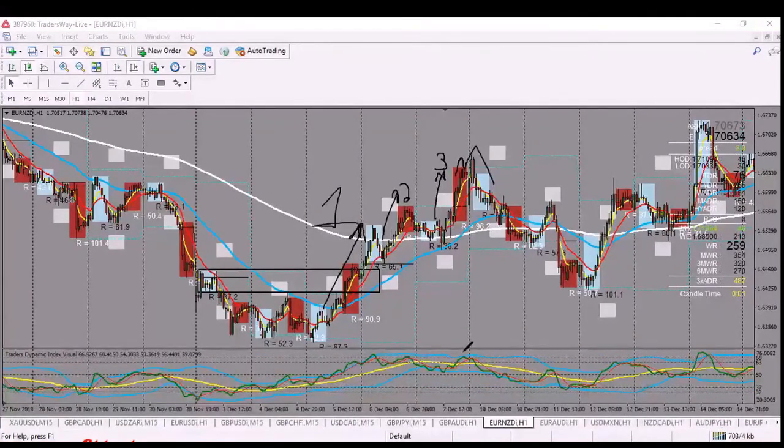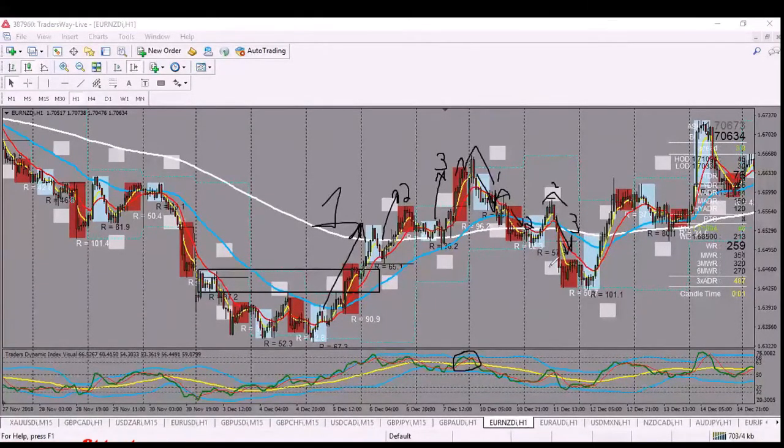An M formation. Look at TDI, M formation. Okay. That's 1, W, A2. There's our A2, but this is our 3rd level of drop.